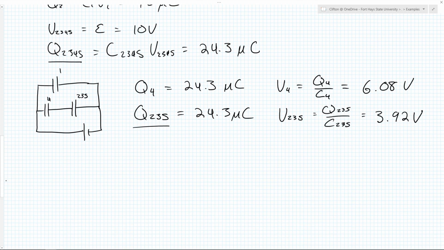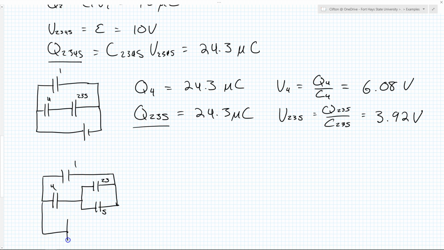Alright, so now I'm going to unpack this 235 into two capacitors that are in parallel. So there's C1, here's C4. This is 2 and 3 together, and then this is 5. So the voltage across capacitor 5 is just equal to the voltage that was across the 235 effective capacitor.